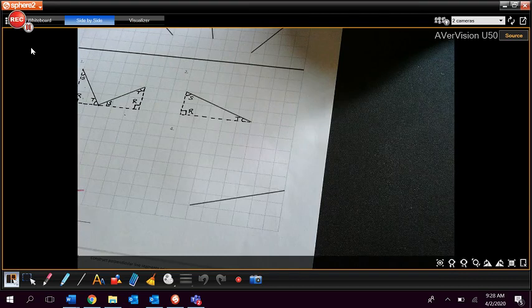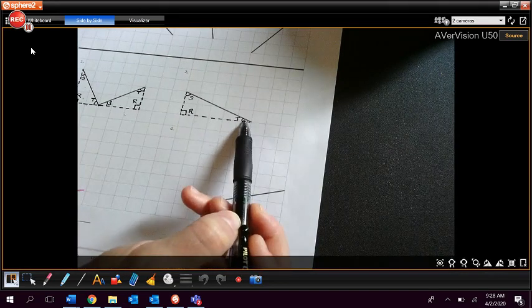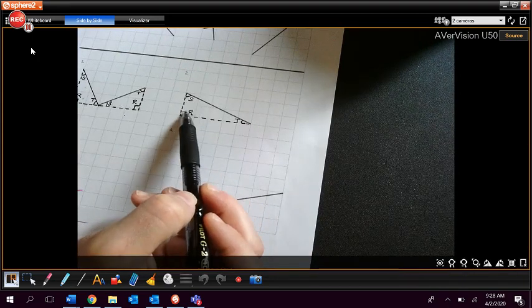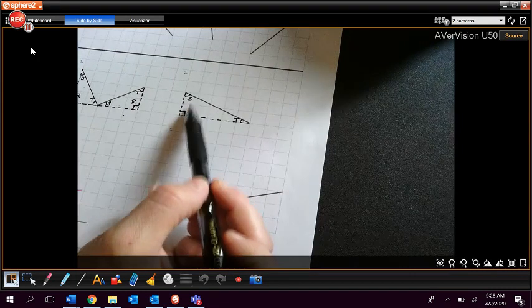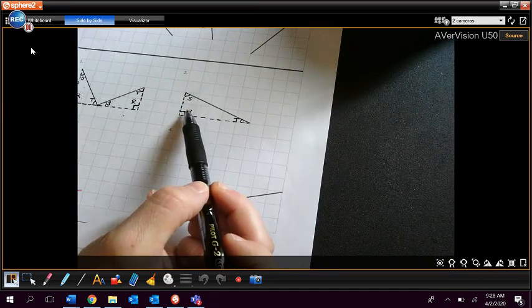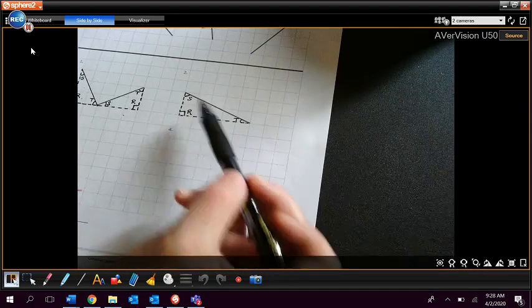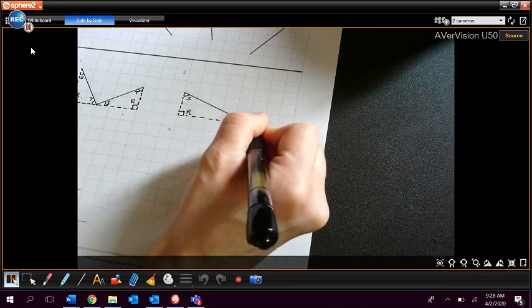Now for this, guys, my base is 5 units and my height is 2 units. So remember, I'm going to rotate it. So if my height was 2 units, now my base is going to be 2 units. So this is going to be my base right here, 2 units.